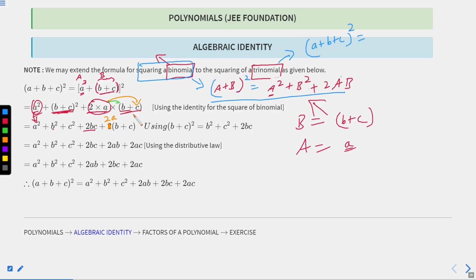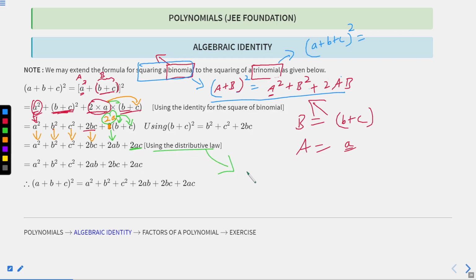I will use the distribution property. These terms remain untouched. Now multiply by b, so we get 2ab, then multiply by c, so we get 2ac, using the distributive law.